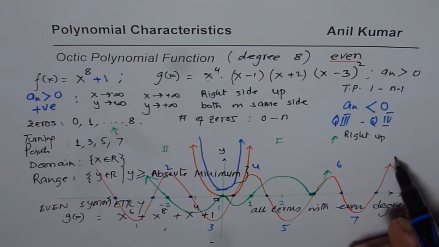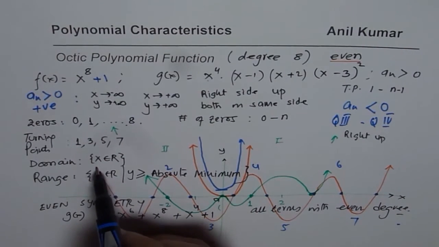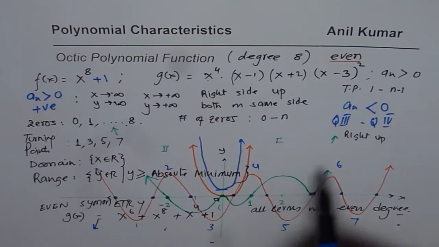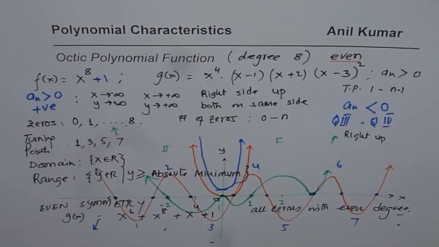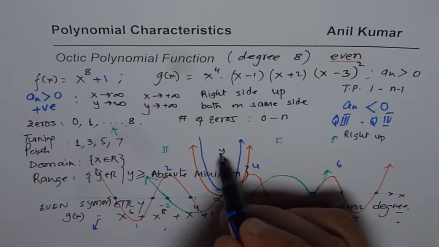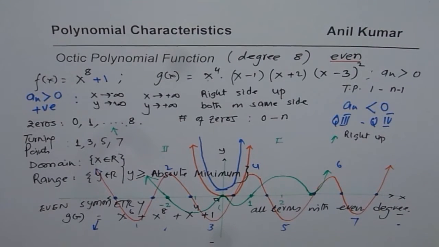So it will not end up in quadrant 1. It will end up in quadrant 4. It will not begin here. It will begin here in quadrant 3. So the behavior, especially the end behavior, will change, and in this case we'll have absolute maximum, right? So earlier we had absolute minimum.